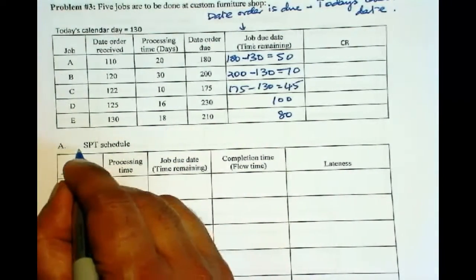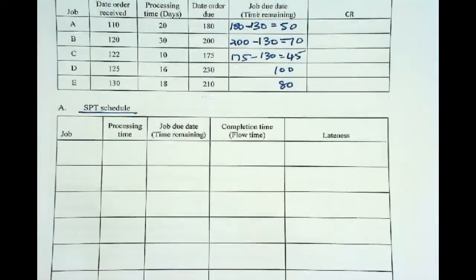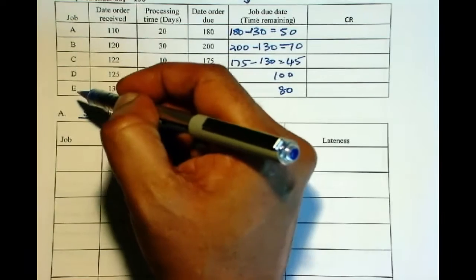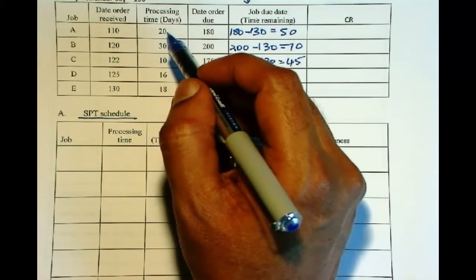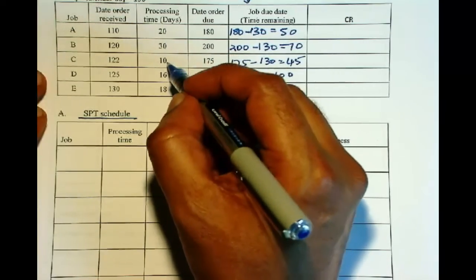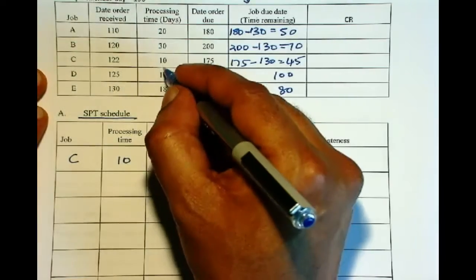Now let's look at SPT schedule. SPT schedule here means that you sort the jobs according to the processing time for each job. The smallest one goes first, which is C with 10.